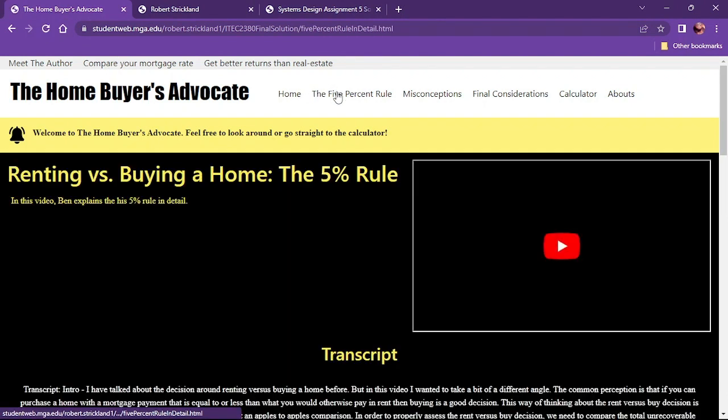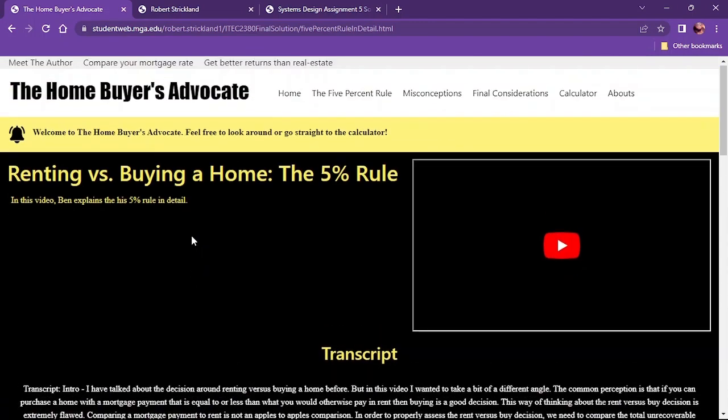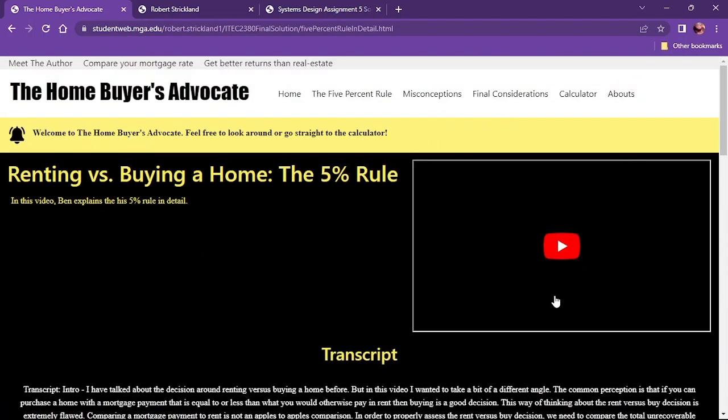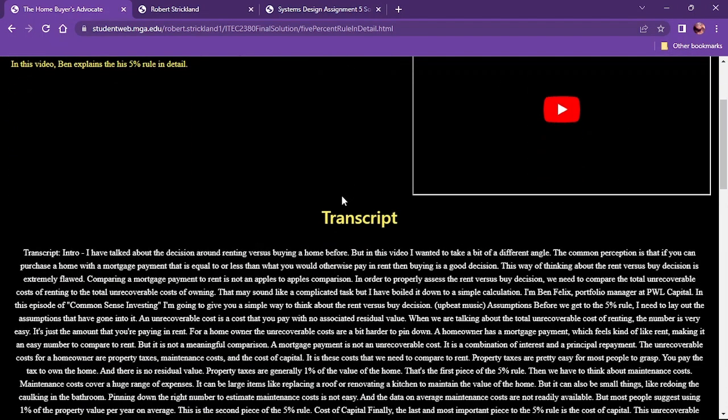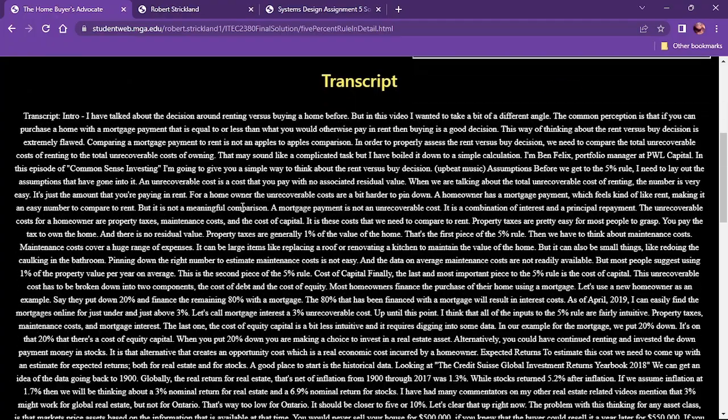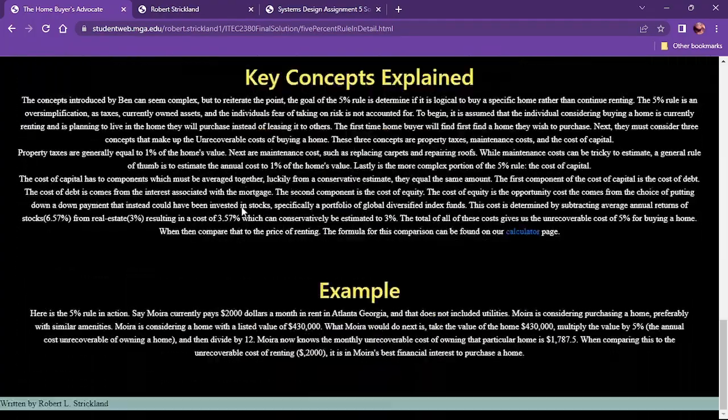All right, and this is the next page, which has a video by Ben Felix, and here you have the transcript. At this portion right here are the key concepts that are explained. Basically, it gives you the theory that's less technical than the one that Ben gave us in the video, and it gives you the formula that's used in the calculator that you'll see later on.